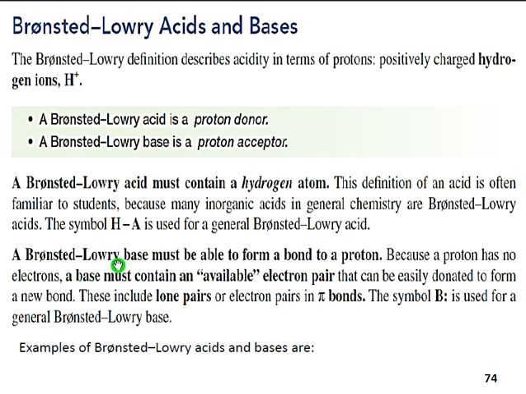Here the Bronsted-Lowry base must be able to form a bond to a proton, because the base is a proton acceptor. That means it must be able to make a new bond with the incoming proton to be stable. And the base must contain an available electron pair. We said before that to make a new bond we need two electrons.